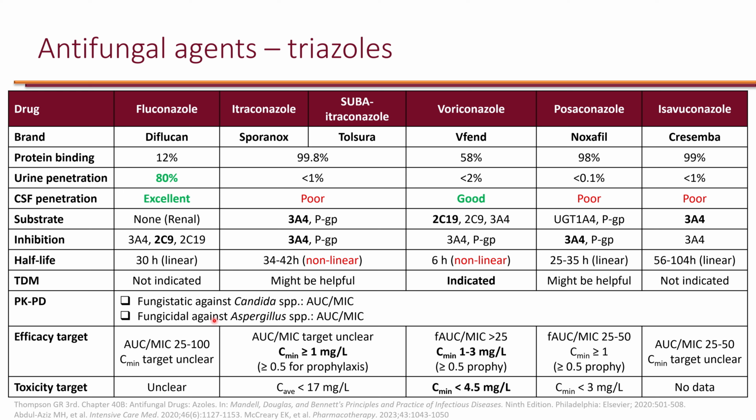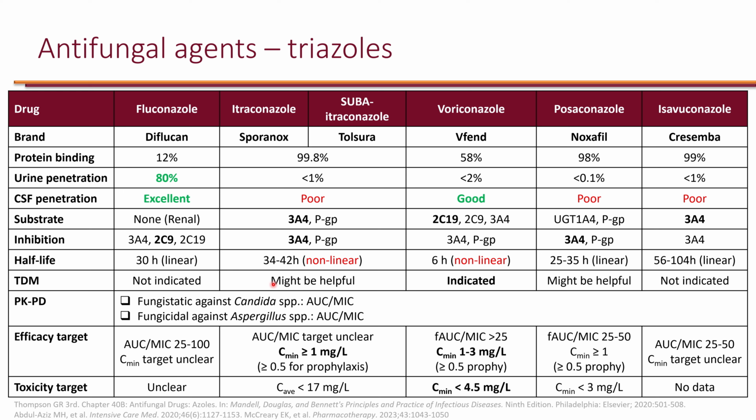For itraconazole, which has non-linear pharmacokinetic properties, therapeutic drug monitoring might be helpful in certain situations, for example, in transplant patients, and especially with Sporanox, which is not as well absorbed and has a lot of variability between patients.